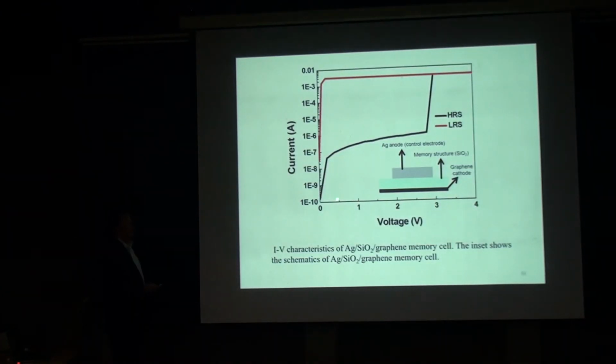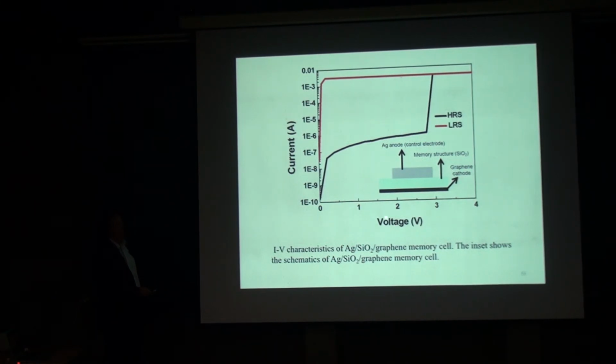This shows that with this simple structure, if you apply a voltage exceeding a certain magnitude, the current changes drastically. Here the current change is around 10,000 times. So this can become a memory device, and it's a good memory device.